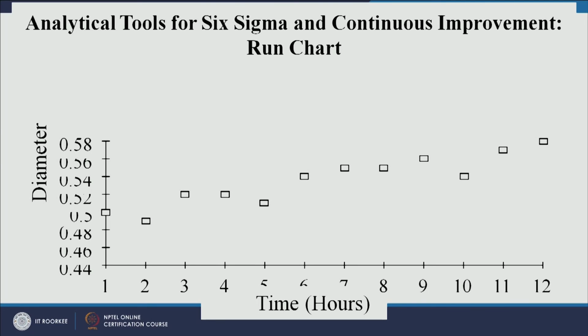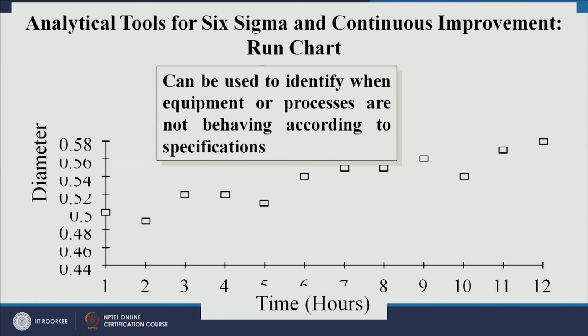What is the purpose of this type of chart? It can be used to identify when equipment or process are not behaving according to specifications. The point here is that this is a run chart, not a control chart. You will get an idea in what direction your process is going, because if you look at this particular chart, there is an increasing trend.